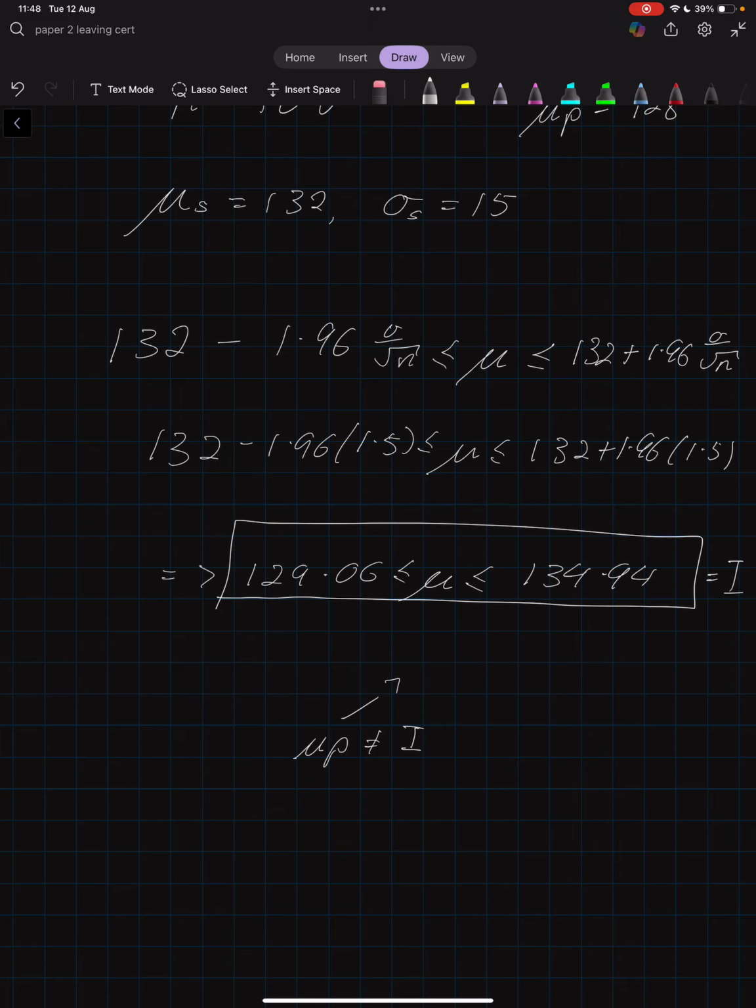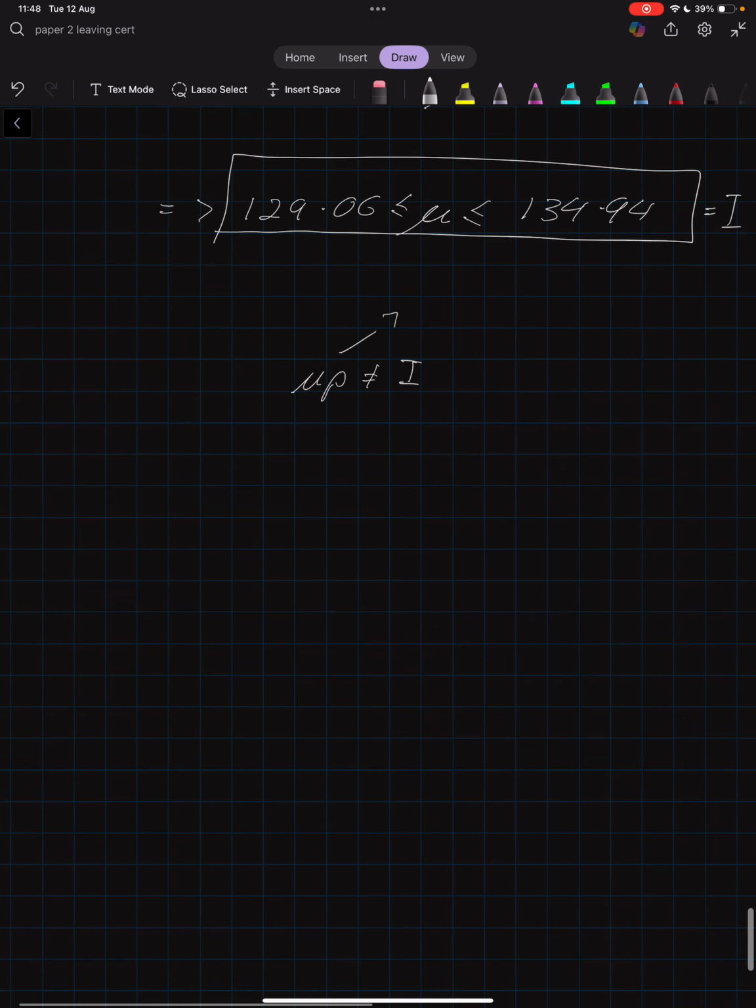Okay. All right, then it says carry out a hypothesis test at 5% level of significance to find out if there is evidence to suggest that the mean blood pressure for male air traffic controllers in the UK aged 30 to 45 is different to the global average. So here I want to create a z-score.